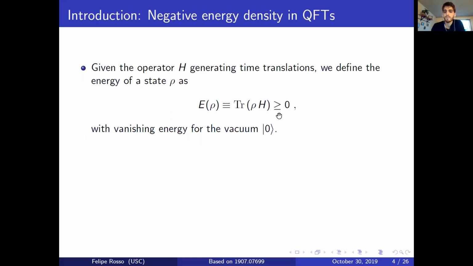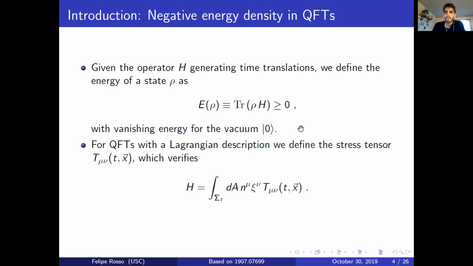We expect this energy to be bounded below, and we choose that lower bound to be 0. The fact that it is 0 is not strictly necessary, but it is convenient. And the vacuum state of the theory will be the state that has 0 energy. So we have this natural bound on the global energy of any quantum field theory. This bound is true by construction.